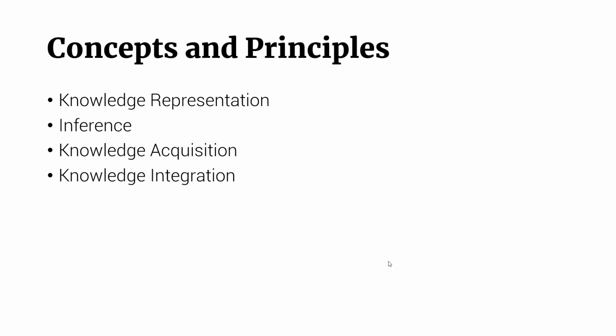So, upon acquisition of knowledges, i-integrate naman na itong mga sources na to. Para nang sa ganun, it can build a better model of an idea of knowledge of the world. Okay, so those are the concepts and principles of symbolic AI: knowledge representation, inference, knowledge acquisition, and knowledge integration.